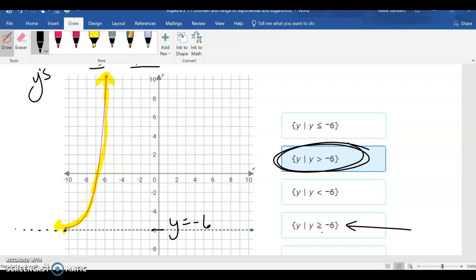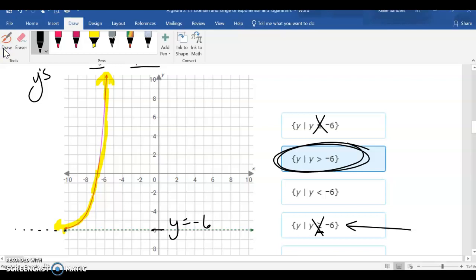It's not going to ever be equal to, because it's never going to get to -6. It's just going to get closer and closer to it. So on the range of exponentials, it's either going to be y is less than or y is greater than, but it's never going to have the equal sign with it. So that may be a way for you to deduce that.